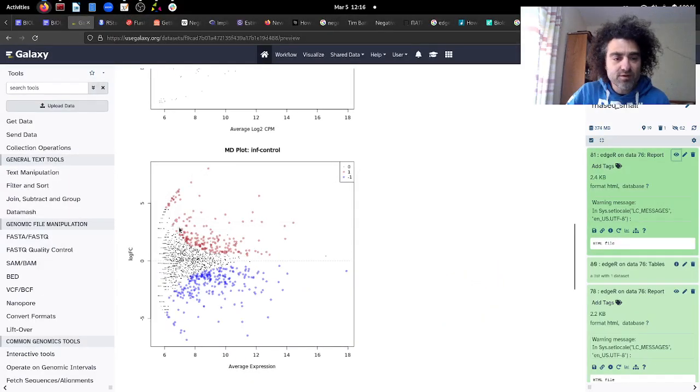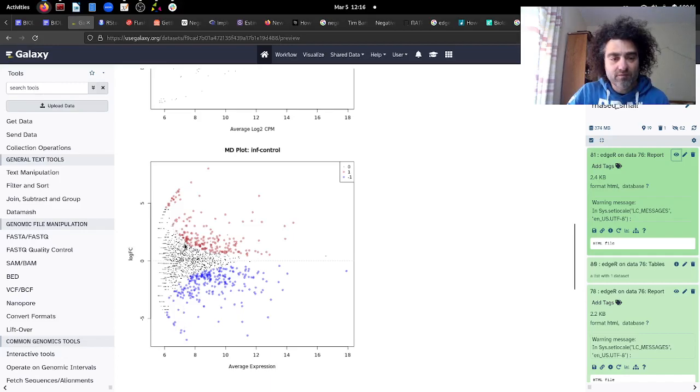However, since we don't really trust so much the genes that have small expression levels, we must be more strict when we consider that the gene is differentially expressed if it is lowly expressed. So for genes that have low expression levels, like on this side, we must observe either a very positive log FC or very negative log FC in order to assume that it is differentially expressed.